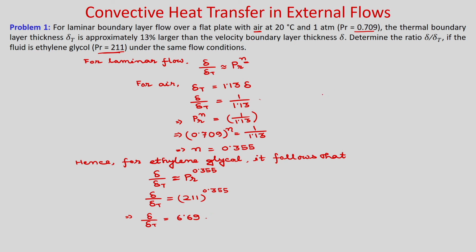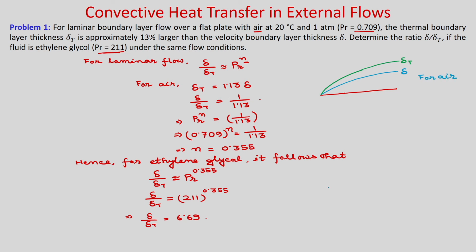So, if you plot the hydrodynamic boundary layer and thermal boundary layer, then you will see for air, if this is your hydrodynamic boundary layer, then your thermal boundary layer will be higher than the hydrodynamic boundary layer. So, this is your delta, this is your delta T, it is for air.